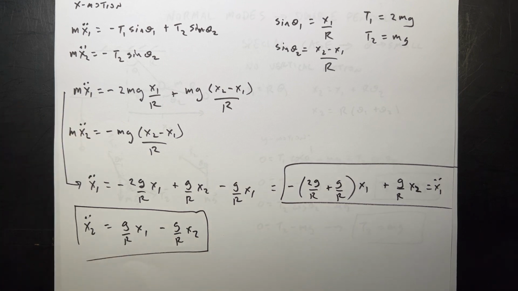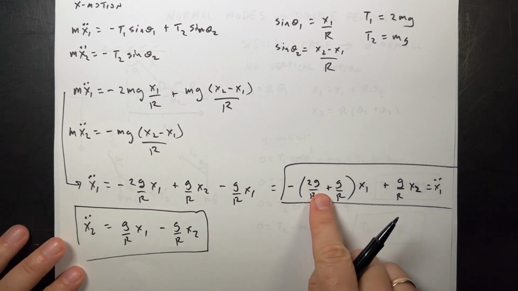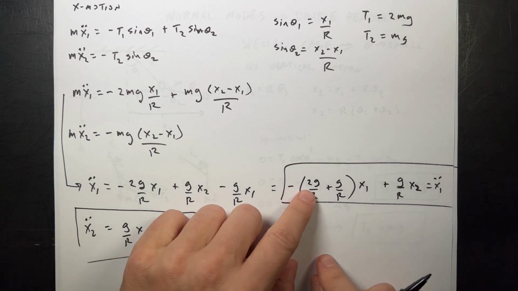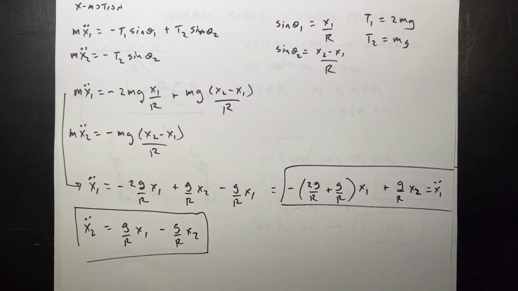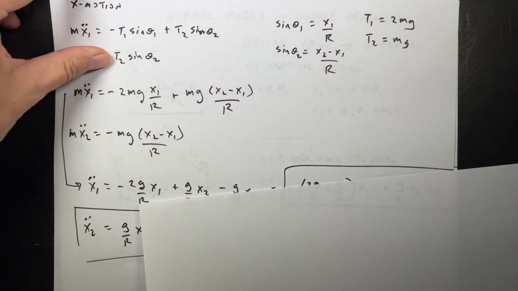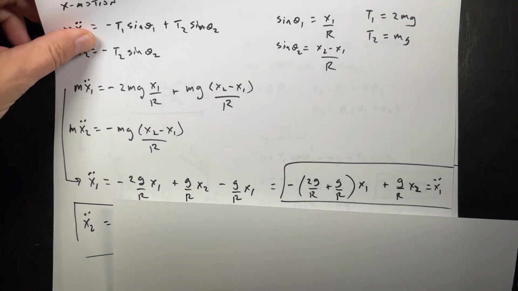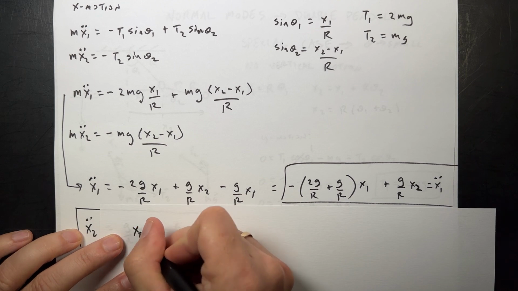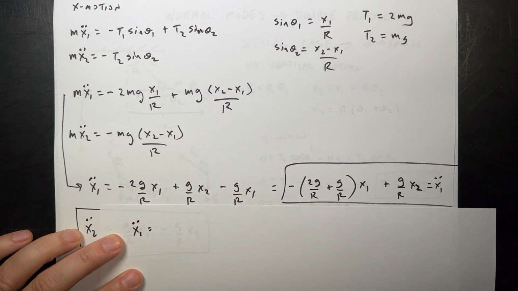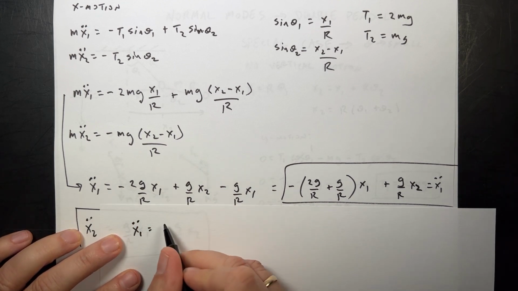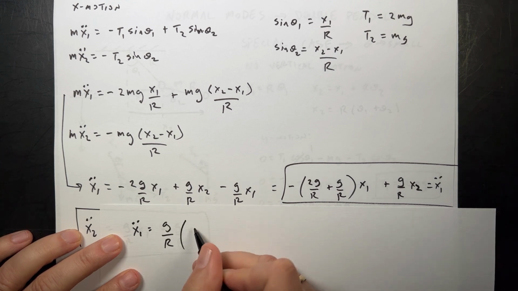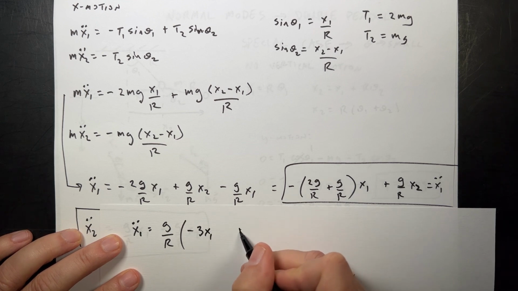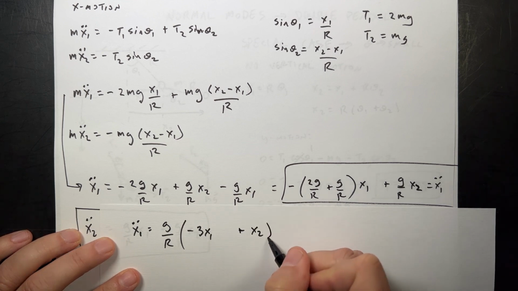So now let's write these down. This I can simplify, right? Because that's just going to be 3g over r. Let's just rewrite them right here. So x1 double dot is equal to, I'm going to factor out the g over r, so I have g over r times negative 3x1 plus x2.